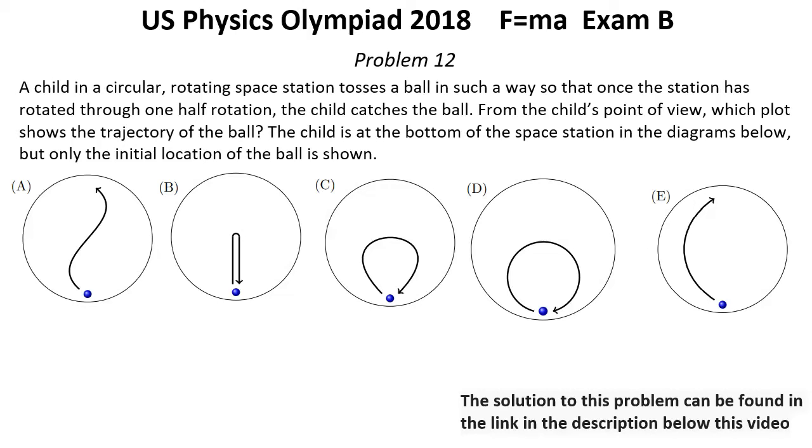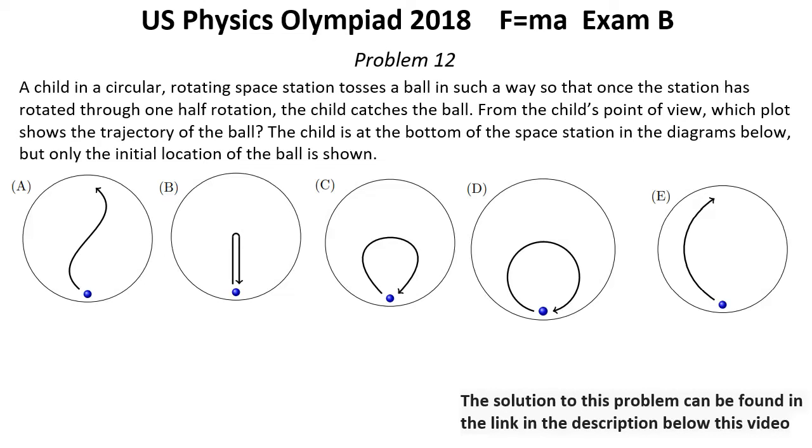The child catches the ball, so the path must start and end at the child, ruling out choice E and A. To decide between choice B, C and D, consider the velocity the child observes at the moment that the ball is thrown. At this moment, the ball is moving directly upward, while the child is moving directly to the right.